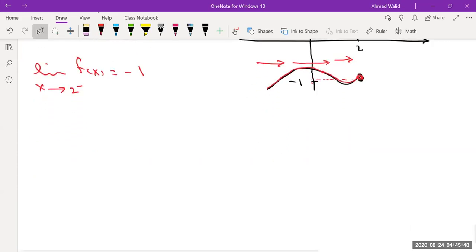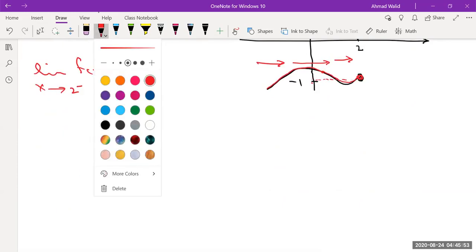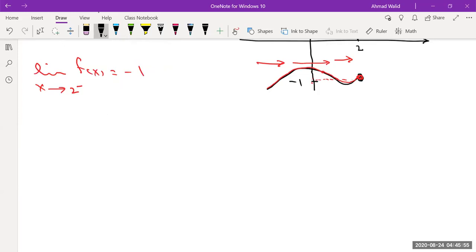Now, a note. This note is really, really important. Let me put here the note.